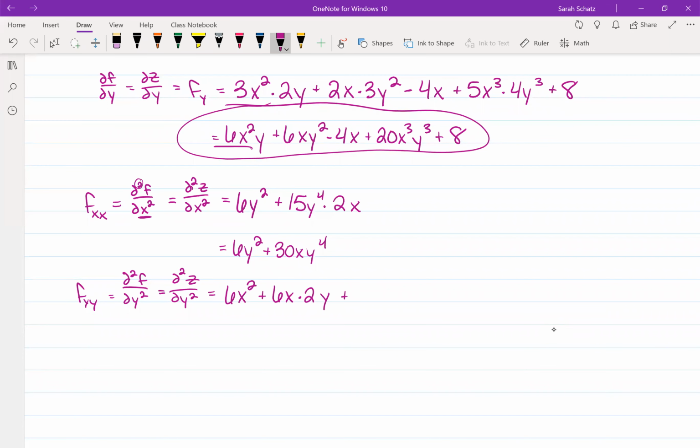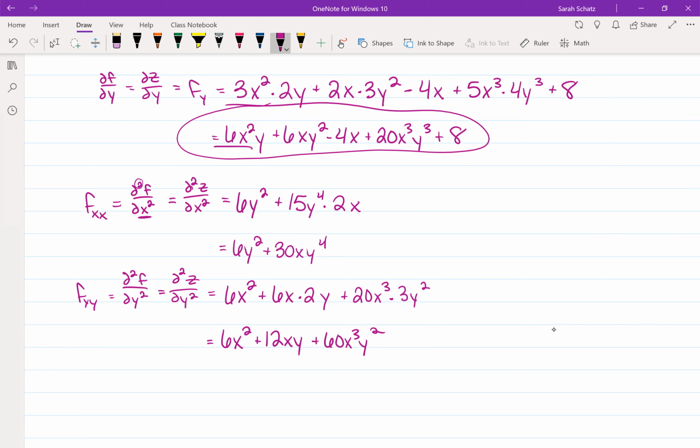The coefficient on y here is 20x cubed, and then I do the power rule on the y term, and then the plus 8 goes away. So we end up with 6x squared plus 12xy plus 60x cubed y squared.